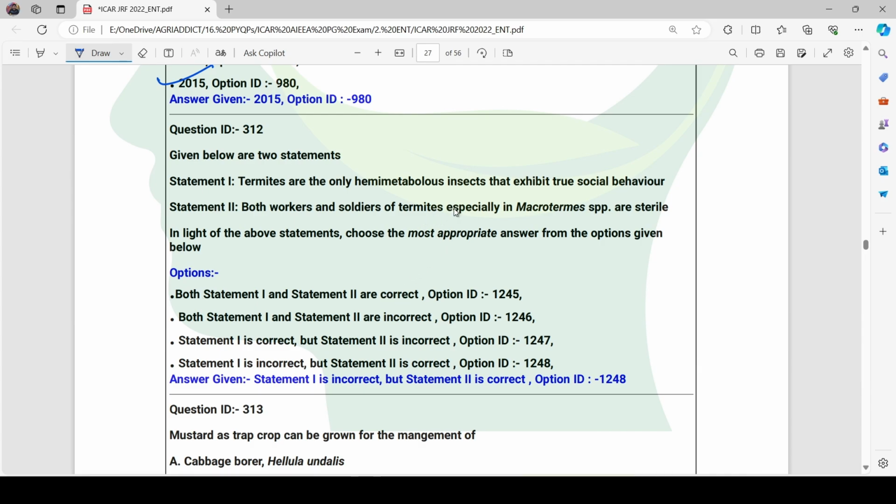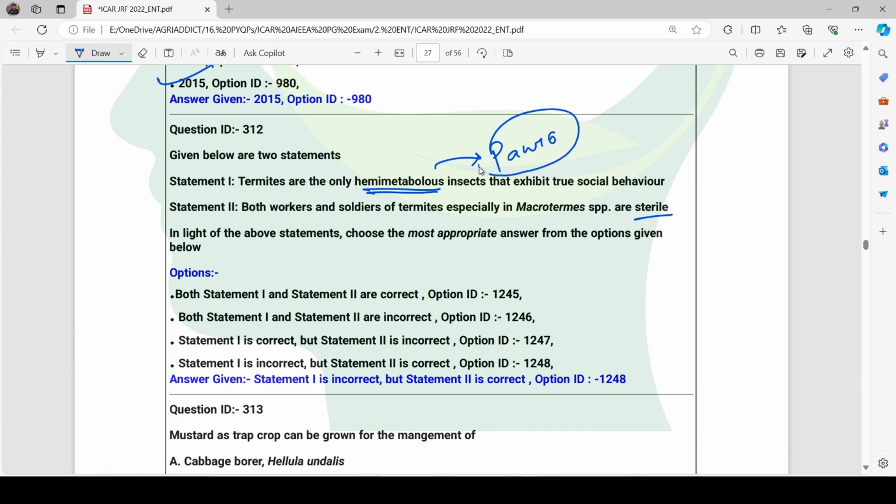Then another statement type question. Statement 1: termites are the only hemimetabolous insect that exhibit true social behavior. Statement 2: both workers and soldiers of termites, especially in macrotermes, are sterile. Yes, absolutely correct. And yes, termites are hemimetabolous, and sometimes you can say they are paurometabolous also.